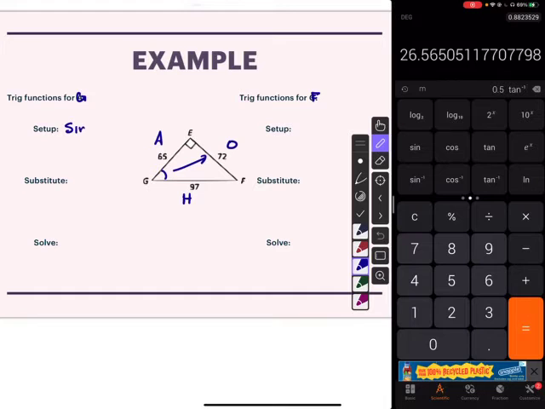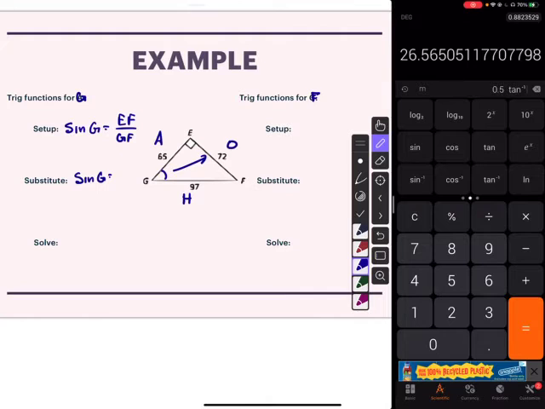So I'll go sine of angle G equals opposite, which is EF, over hypotenuse, which is GF. Sorry, I misspoke earlier.